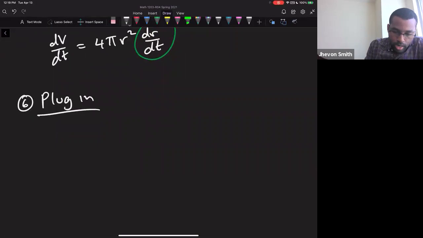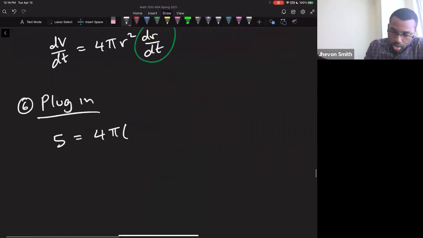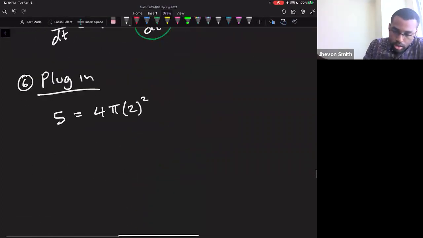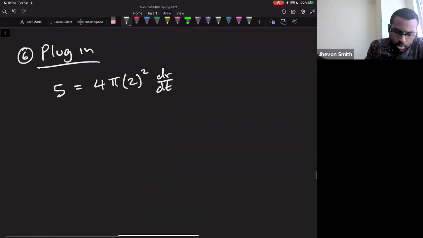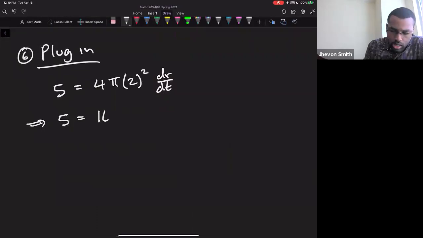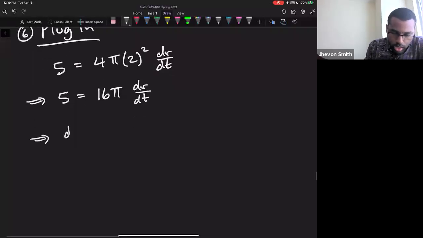So dV/dt is equal to 5, and 4 pi r squared with r equals 2, times dr/dt. So this implies that 5 is equal to 16 pi dr/dt. And so your dr/dt is equal to 5 over 16 pi.